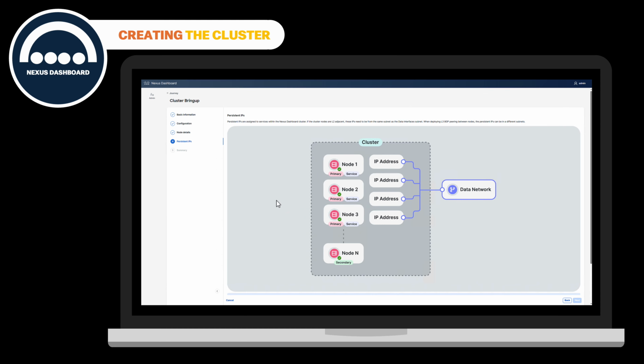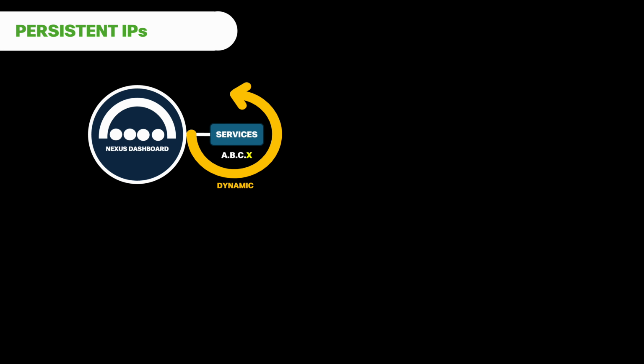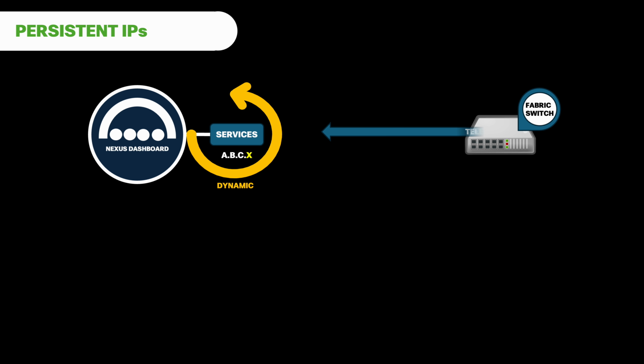Fourth step, persistent IPs. What are they used for and how many persistent IP addresses are required? Persistent IPs are the addresses of the services. Remember that the tool runs containers, and the services within the pods must be exposed so that clients, such as Nexus switches, can use them. For example, this includes the IP addresses to which the switches must send their telemetry.